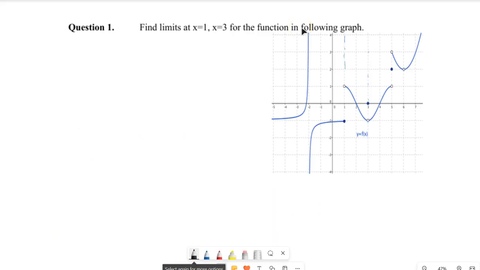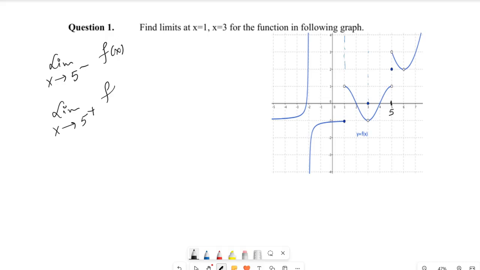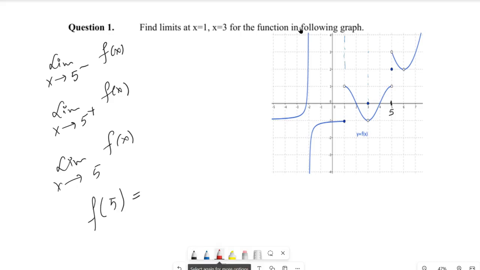Although the question is not asking, but let's talk about what is happening at 5. Left limit at 5 for the function, right limit at 5 for the function. Find the limit at 5 for the function and find the value of the function at 5.